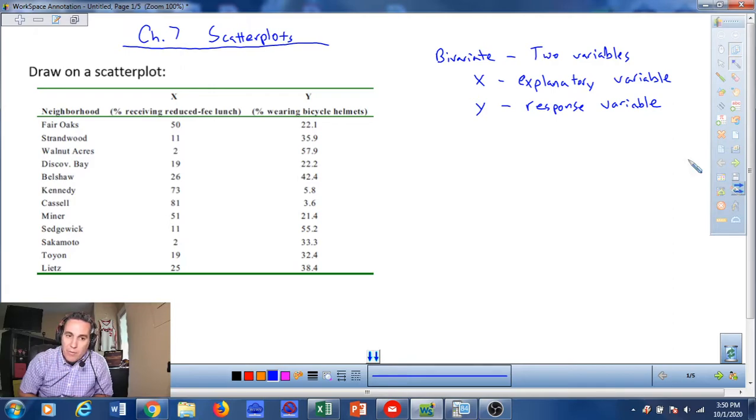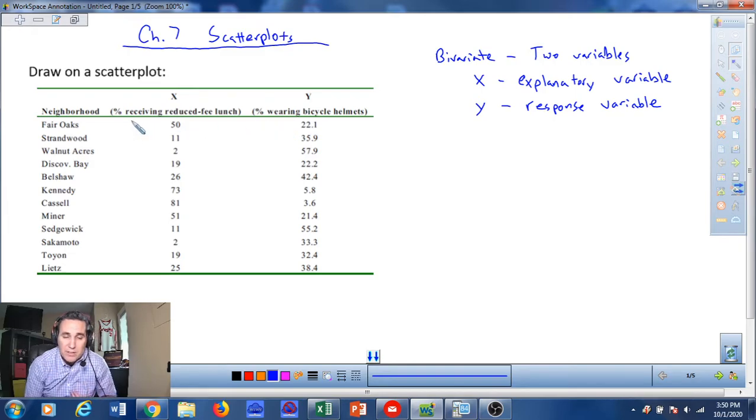So we'll have an x and a y. That means every data point that we have, like this one, was some neighborhood with a percent of students in that neighborhood that get free and reduced lunch. So this is like percentages of poor people in a neighborhood. That's a way to measure that. And then percentages of children that wear their bike helmets in the neighborhood.